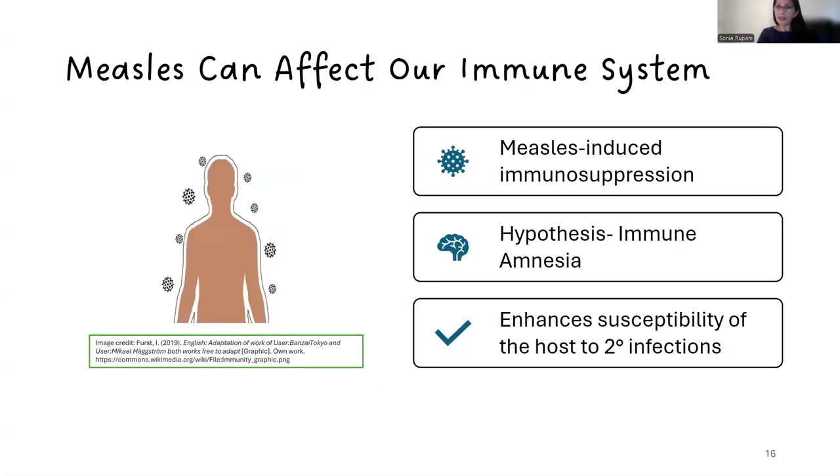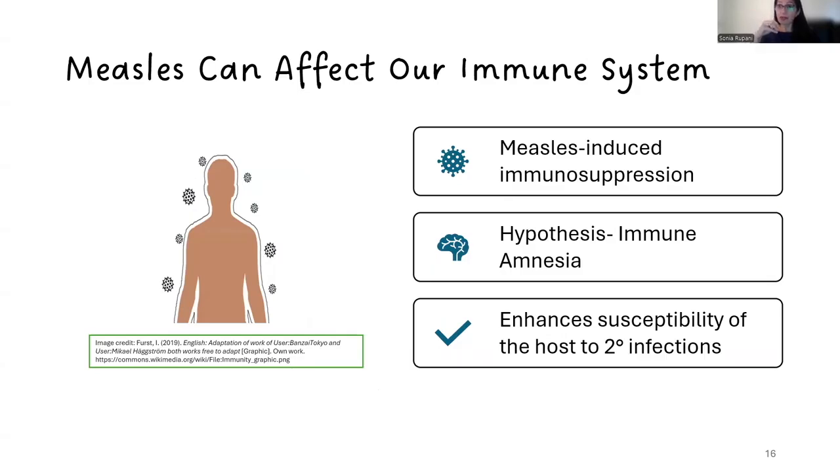It has also been found that measles can affect our immune system, and this immunosuppression can last for up to 6 weeks. There's a hypothesis that measles can cause immune amnesia, where it replaces our memory cells with measles-specific T lymphocytes.